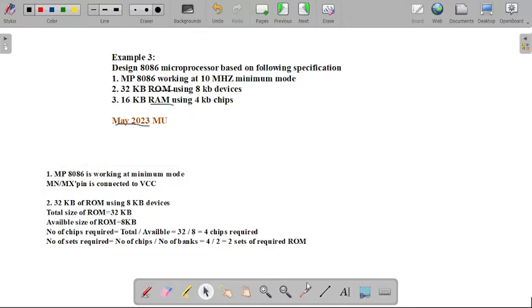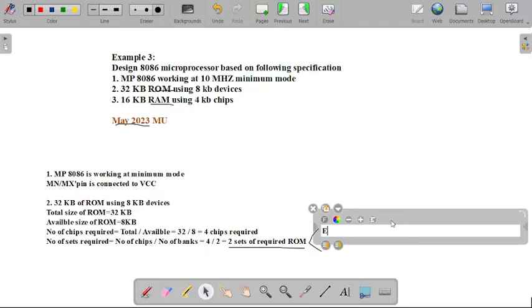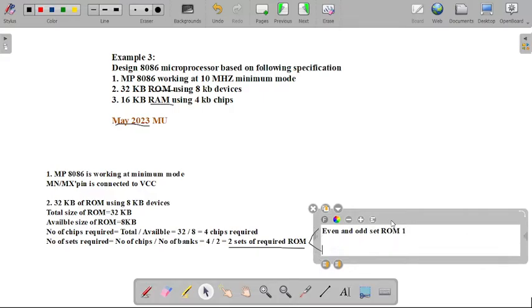So now you can write here, whenever I'm using the 2 sets of ROM, the first one consists of the even set of ROM 1 and the odd set of ROM 1. And the second one, we require another set, that is the even and odd set of our ROM 2.